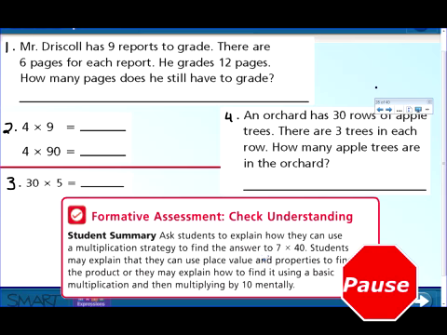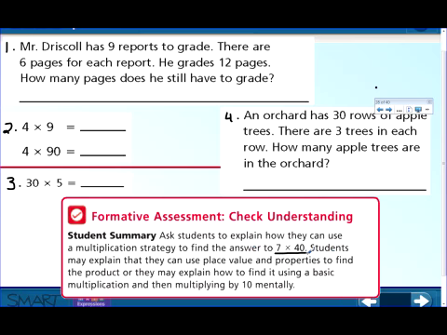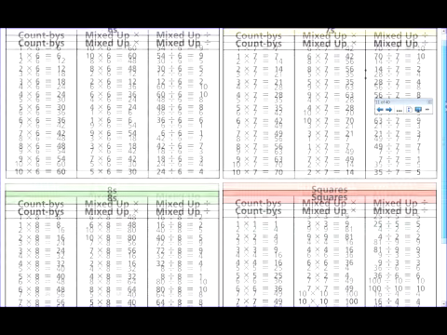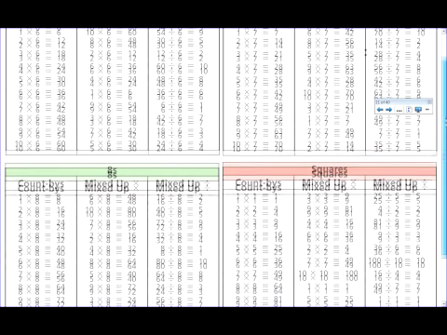Ask yourself if you can explain how to find 7 times 40. And you can explain that using the place value and properties, or you can explain it using mental math. You see if you can find a way to explain it. Practice your 7s, your 8s, your 6s, your squares.